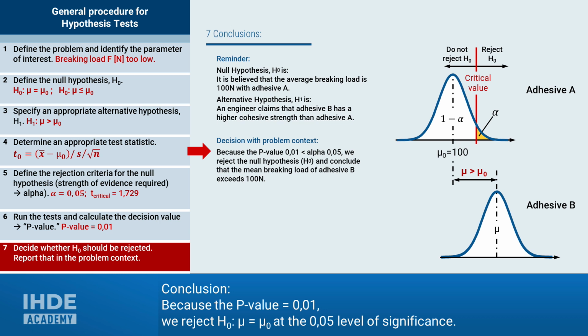So, we formulate the following conclusion. Since the p-value of 0.01 is less than the significance level alpha of 0.05, the null hypothesis is rejected, and we conclude that the mean breaking load with adhesive B is greater than 100 Newton.